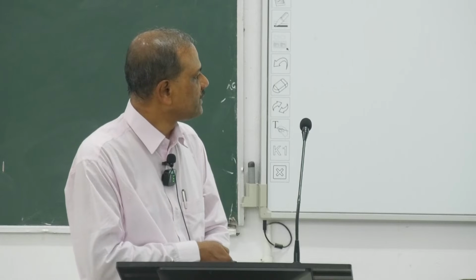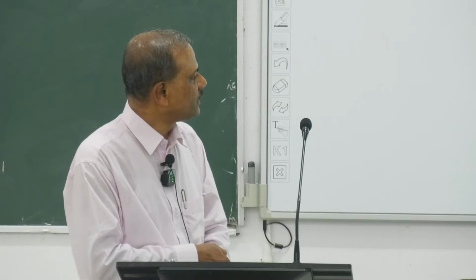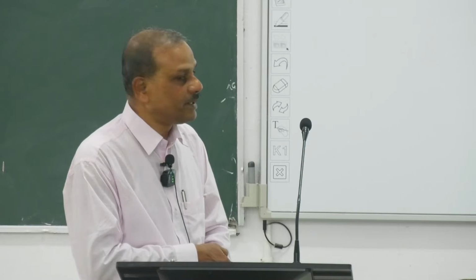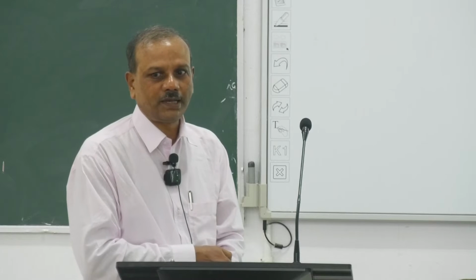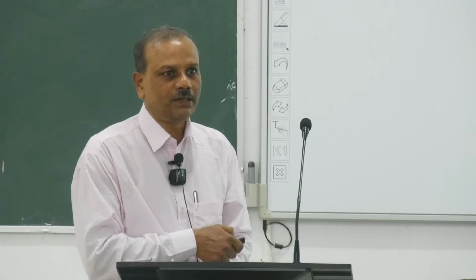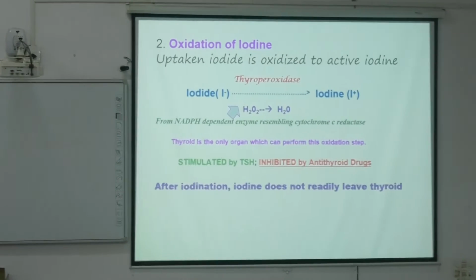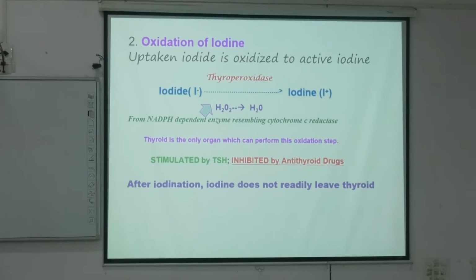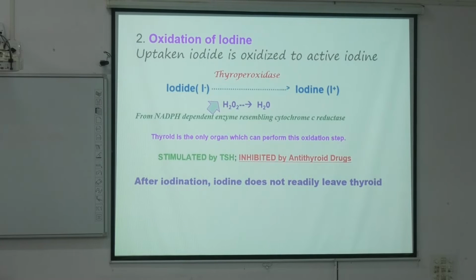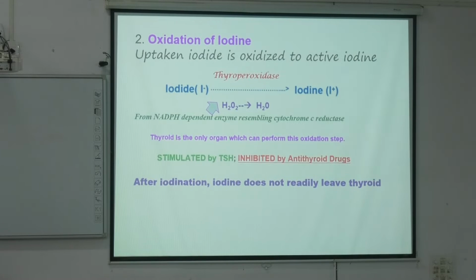This step is stimulated by TSH, and it is inhibited by the anti-thyroid drugs, which I will discuss, because when a patient suffers from hyperthyroidism, anti-thyroid drugs are given, and they inhibit this step. So further steps cannot take place, and obviously less thyroid hormone will be produced.